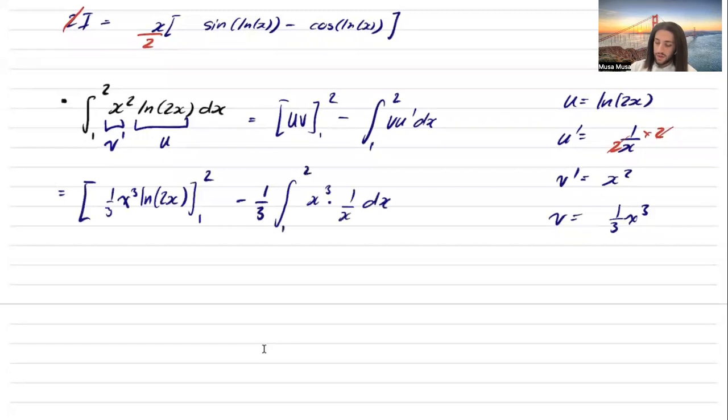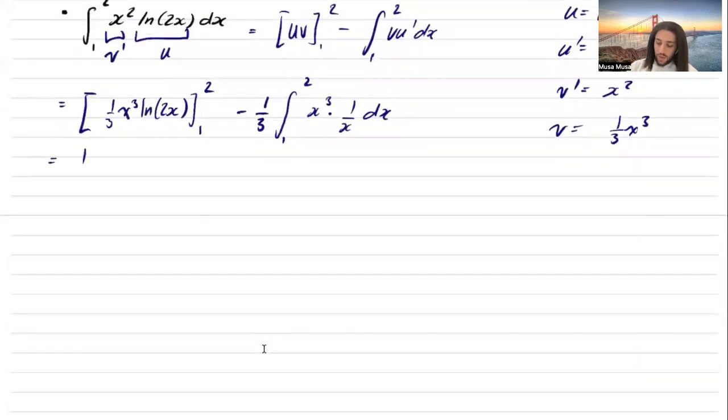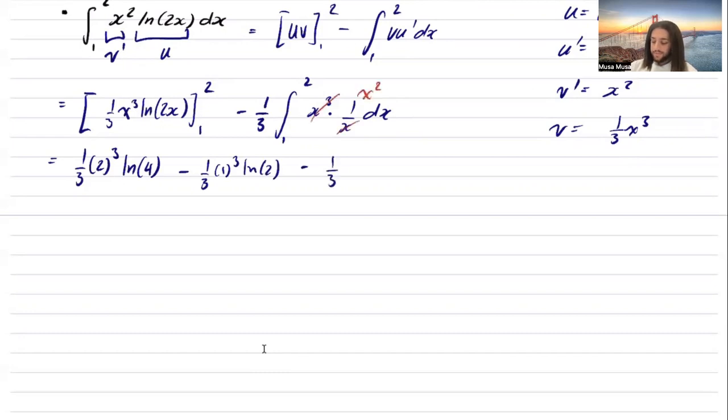Subbing in, we have a third of 2 cubed ln of 4 minus a third of 1 cubed ln of 2. And then minus a third of, this just becomes x squared, doesn't it? And then the integral of x squared is a third of x cubed.